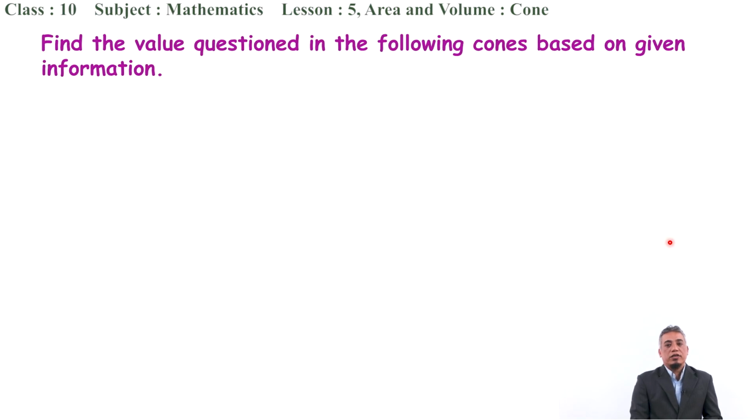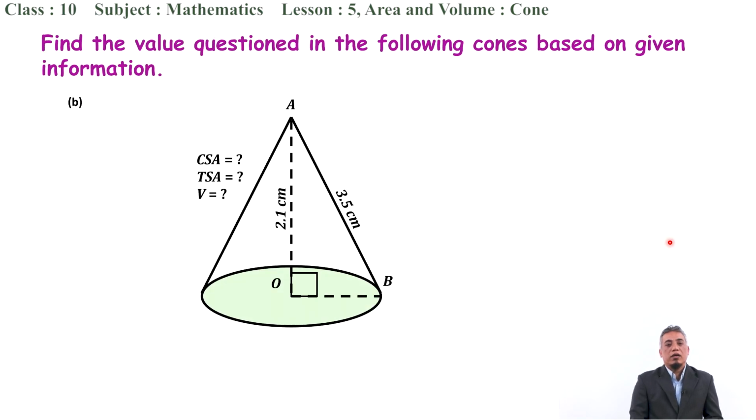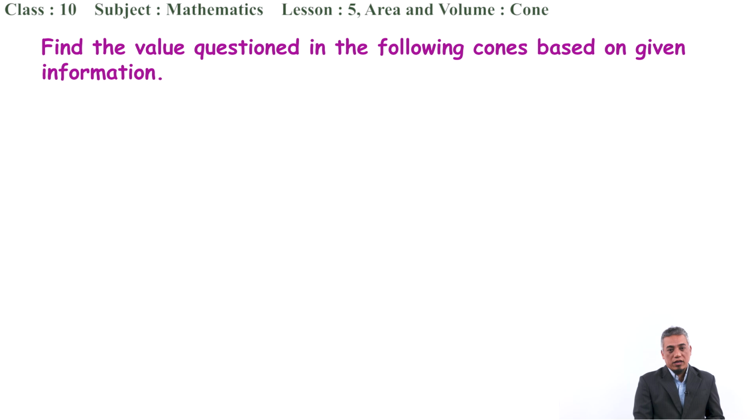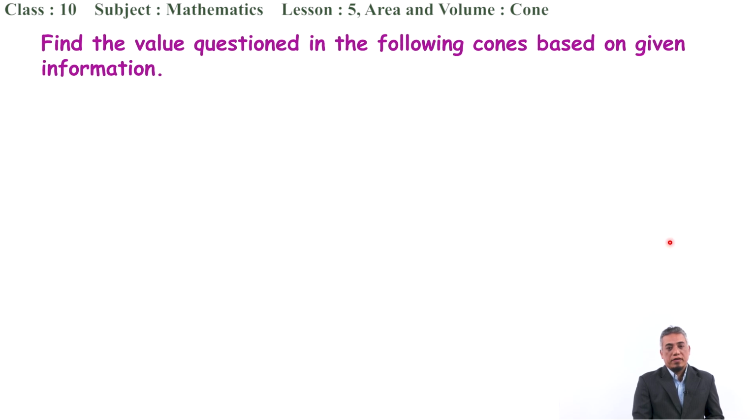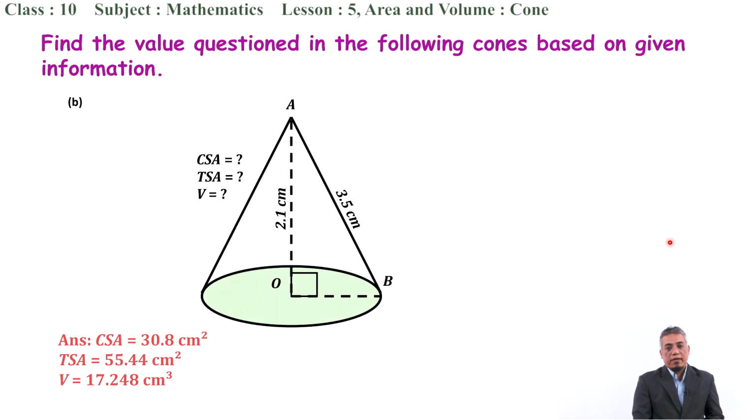The next question is similar, but here the main height is given and slant height is given, radius is not given. So how to find the radius, and then find all of these. You can copy the answer here and check your solving.